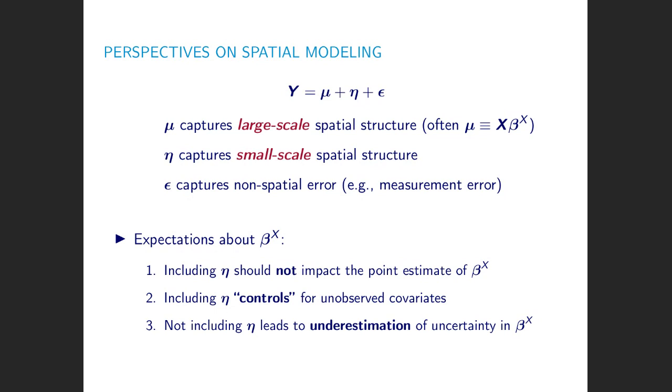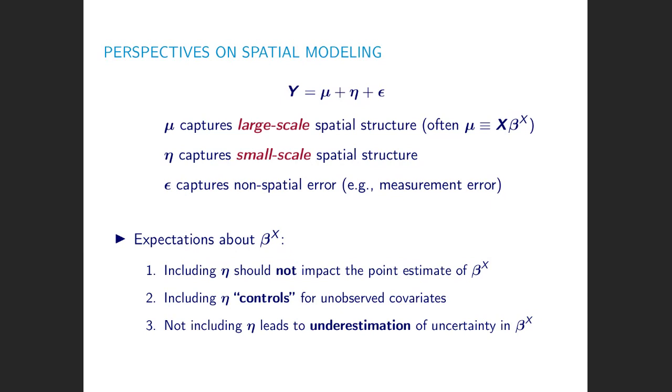So the idea is that in most situations, we're either interested in predicting unobserved y's, or we're interested in inference on beta x. Very rarely are we actually interested in inference on some component of eta. And so in particular, eta is included in the model really just to get the error specification correct, or the stochastic specification of the model correct.